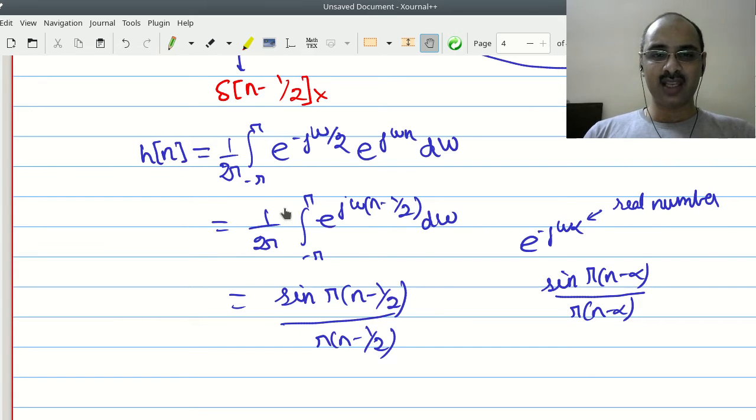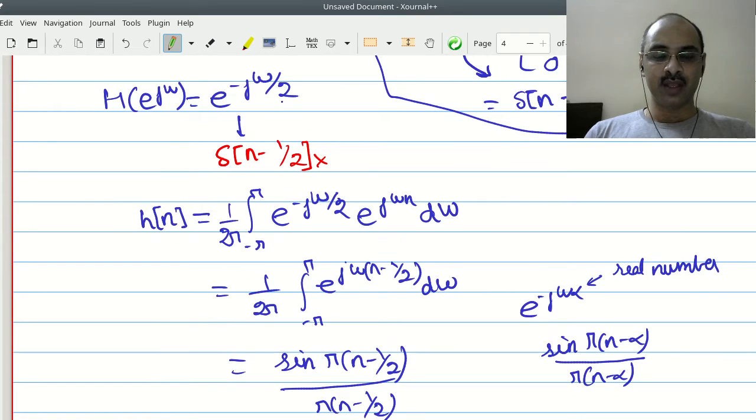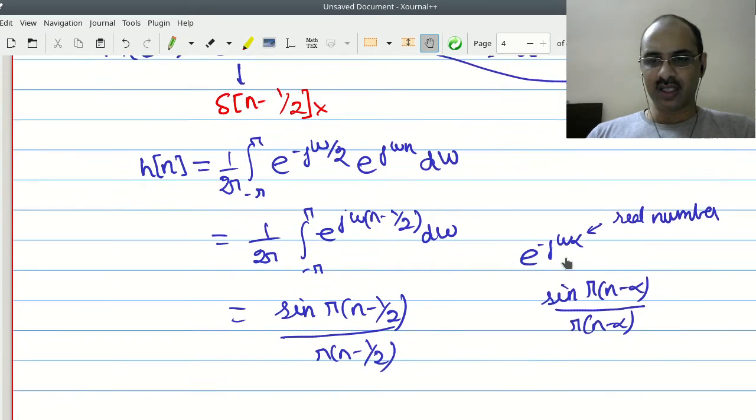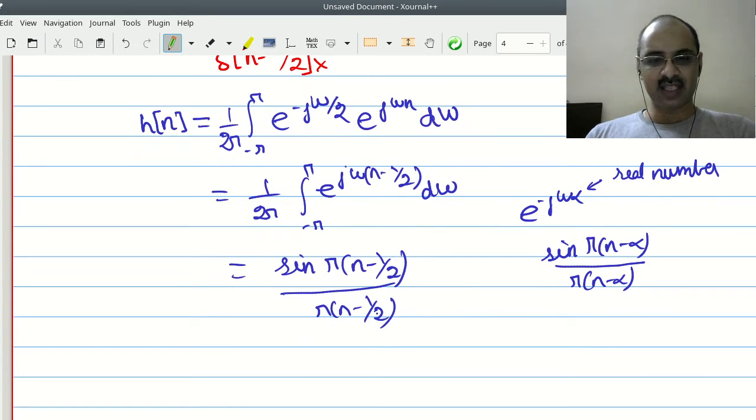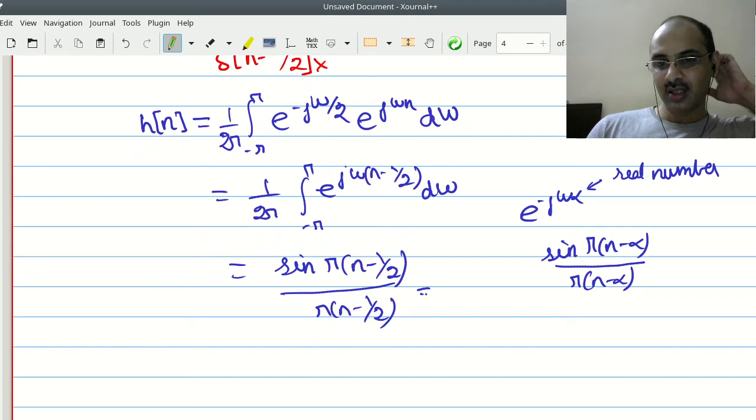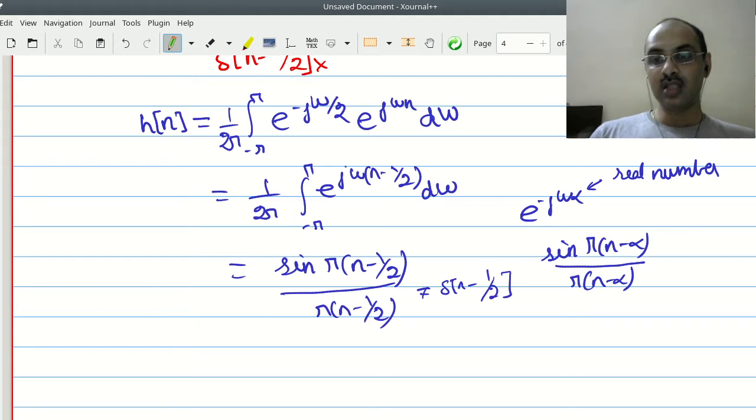So e power minus j omega by 2 corresponds to a delay of half a sample, whatever that's supposed to be. If we use the DTFT, we get sin pi (n minus half) by pi (n minus half). This is not equal to something like delta of n minus half, because as one of you has mentioned, this does correspond to some sequence which is non-trivial, meaning it's defined for all values.